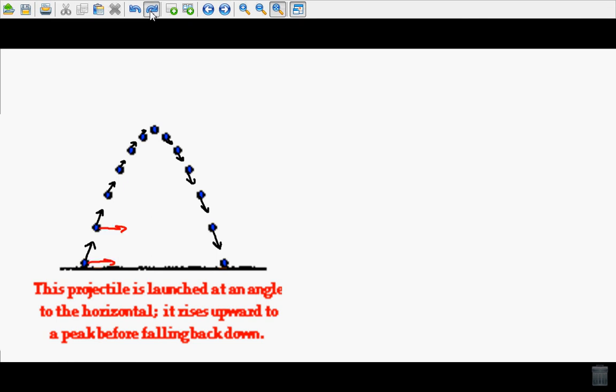So horizontally, this projectile is moving. And then there's a vertical component as well. So as the ball is going to the right, it is also traveling upwards until it reaches its apogee, and then downwards after it's reached its apogee. So projectile motion at an angle still involves both horizontal motion as well as vertical motion.